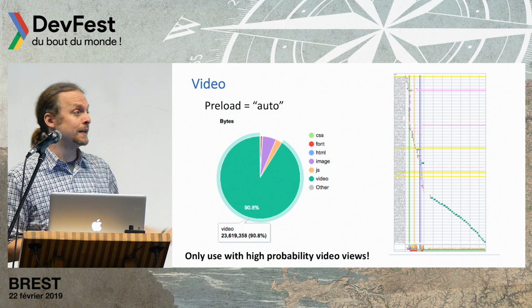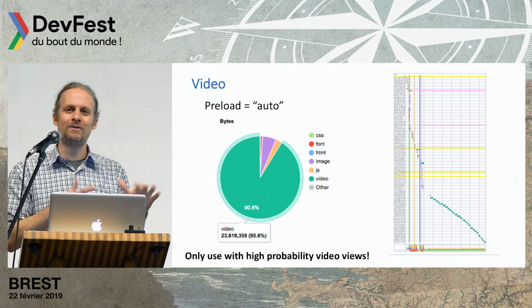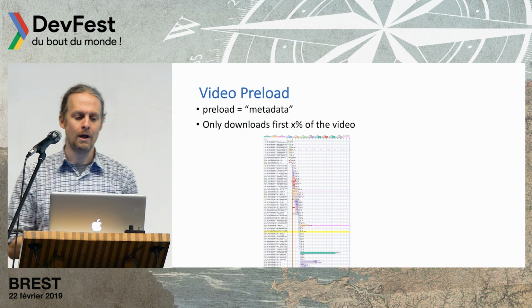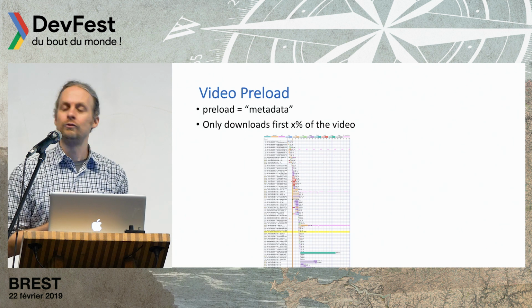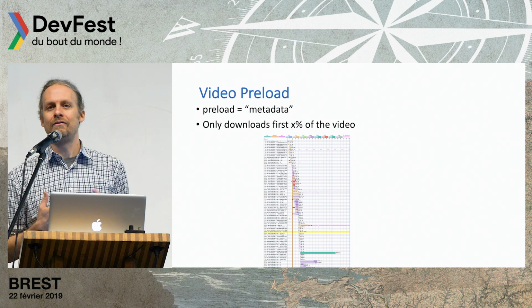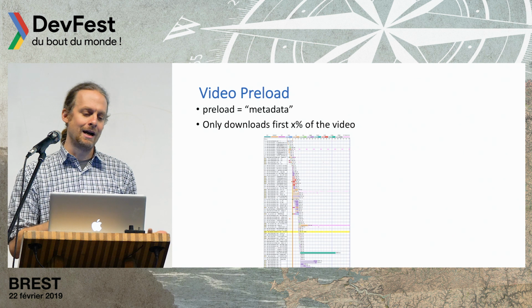If they're gonna watch the video, preload equals auto. But if there's only like a 15, 20% chance that they're gonna watch the video, it's probably not worth doing. The default setting for this in Chrome is preload equals metadata. And in Chrome, what that means is it downloads 3% of the video. Which, there's some video being downloaded, there's not a lot.